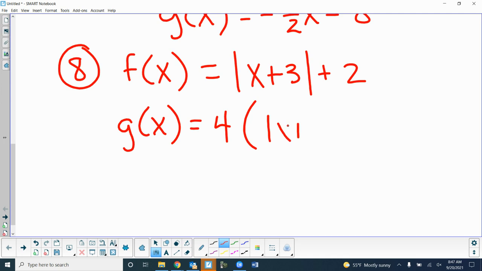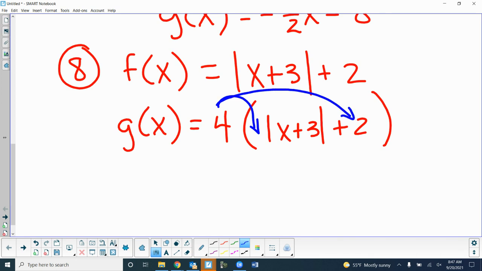And again, you don't distribute into the absolute value, you're just distributing into the parentheses. So you can put it out front of the absolute value, and then the 4 times 2 is the 8. That one makes sense? So don't put it inside with the x and the 3, inside that absolute value.